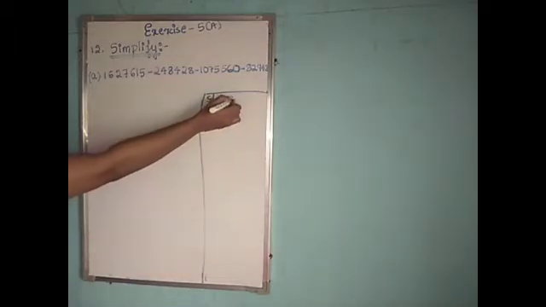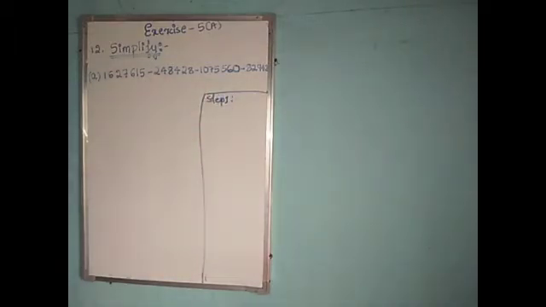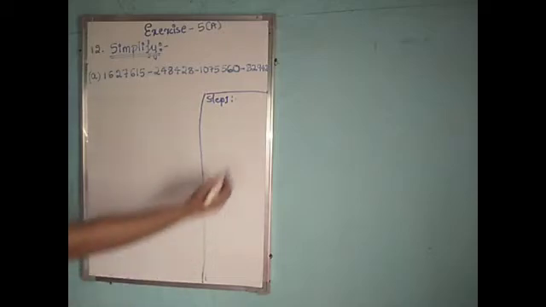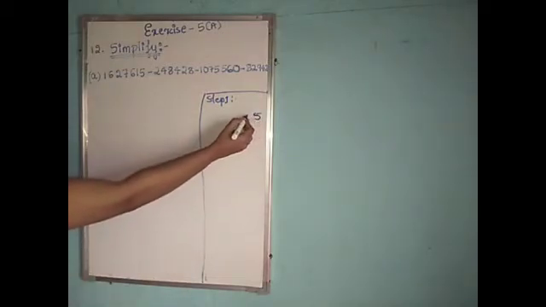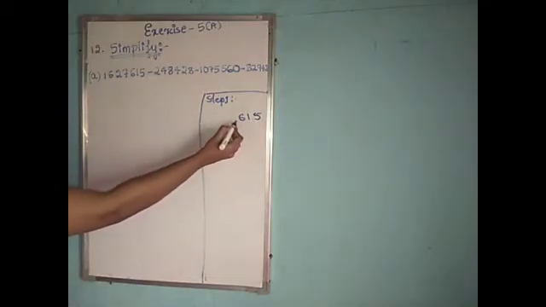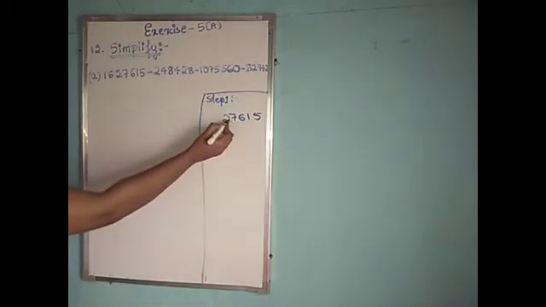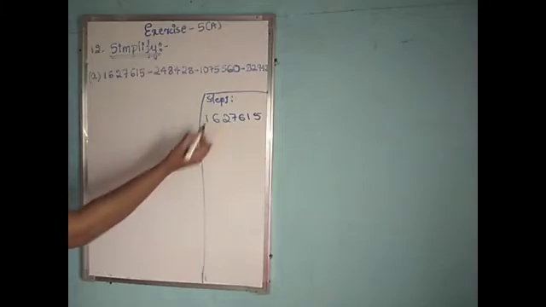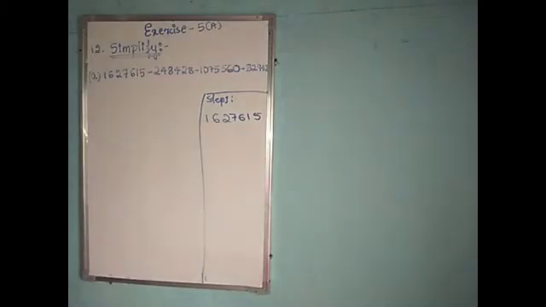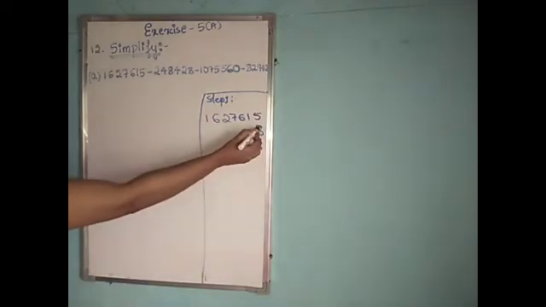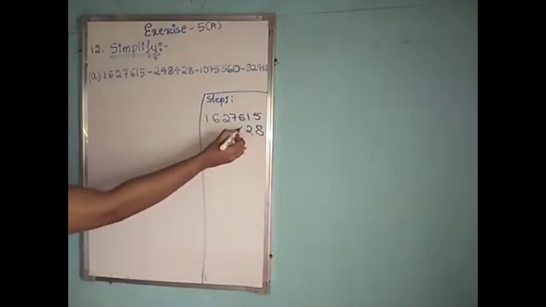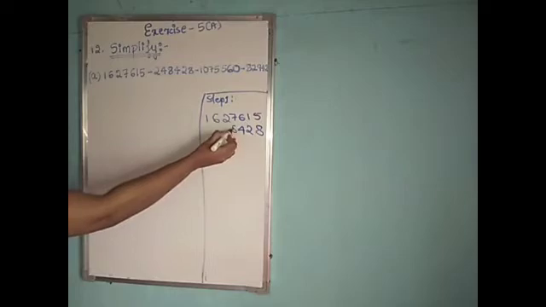So first I will write 16,27,615. So 5, 1, 6, 7, 2, 6, 1. The next number is 2,48,428. 8, 2, 4, 8, 4, 2.